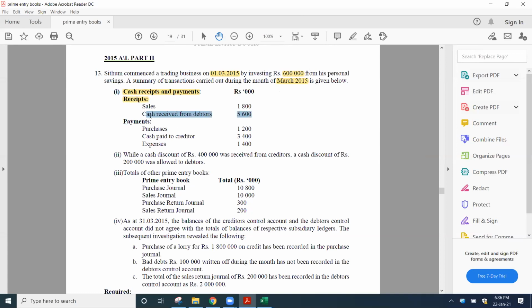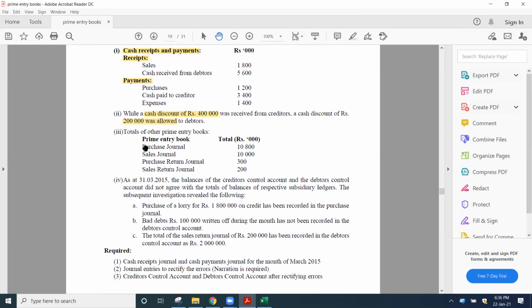And the payments are given. Purchases, cash paid to creditors, and expenses. While a cash discount of 400,000 was received from the creditors, so that's the discount received, and cash discount of 200,000 was allowed to debtors, so discount allowed.